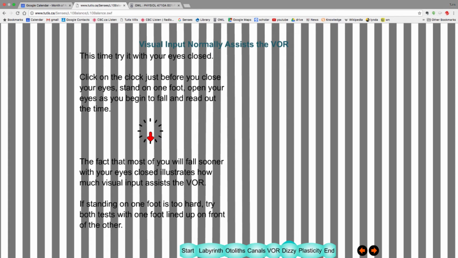So that shows you that the optokinetic system, the thing coming from your eyes, helps you maintain your balance. Your vestibular system is doing a lot, but the thing that's coming in from your eyes is helping you.